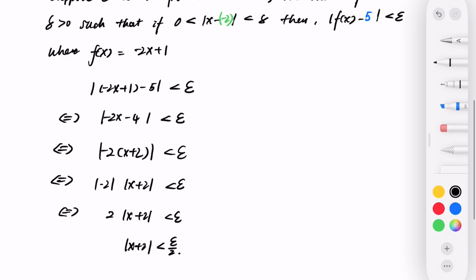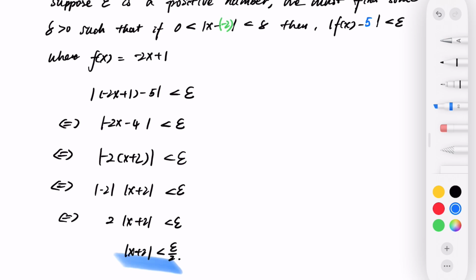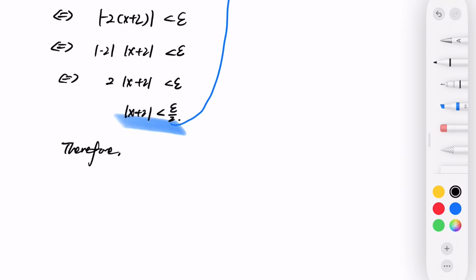So the absolute value of x plus 2 is less than epsilon divided by 2. So we take delta to be epsilon divided by 2.